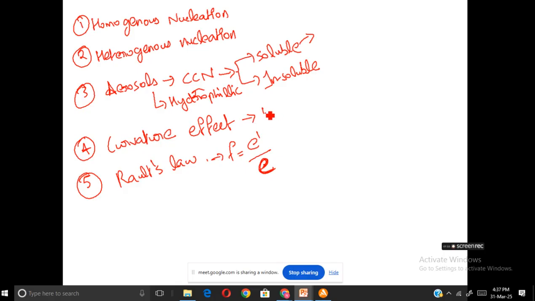The curvature effect basically shows that the higher the curvature, the higher the chance of evaporation, so the higher the supersaturation required to keep the droplet molecules intact. That is the curvature effect. And we also derived the mathematical equation for both the curvature effect and Raoult's effect, and we finally combined both.